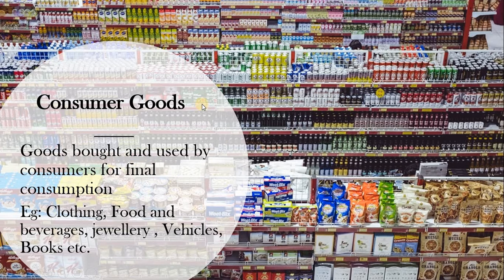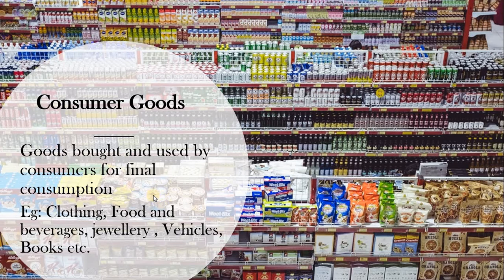So consumer good is actually bought and used for final consumption. Example is clothing, food, jewelry, vehicles, books. Most of these goods are actually used by households, individuals or people living in houses together as a family, which is also called in economics household. So all these products are used for final consumption.